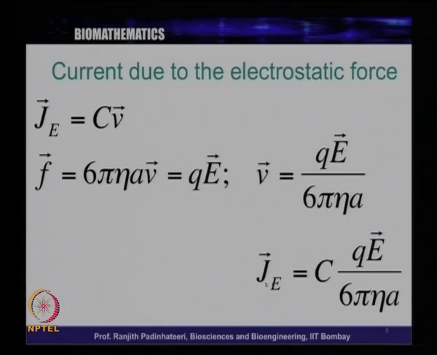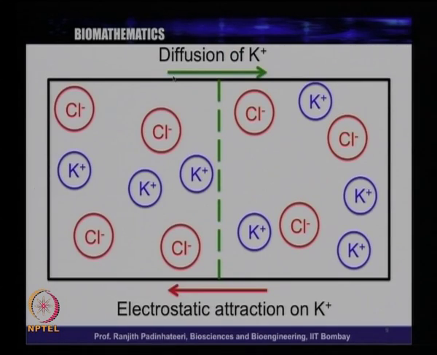So, now we found out two currents J E and J D. This is simple algebra. I just rearranged all this and then I can get this. So, I have now two currents. The diffusion or the concentration gradient will lead to a current in this direction, and electrostatic attraction will lead to a current in this direction. So, we have two currents.